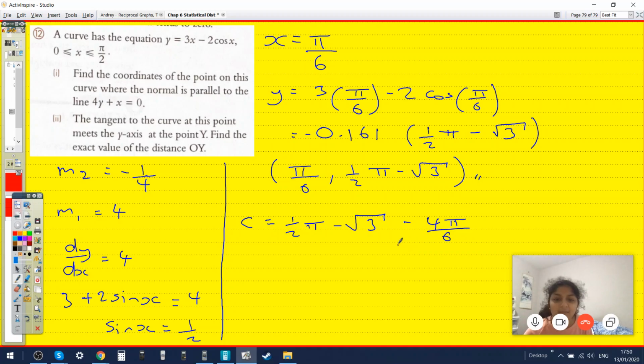They wanted the exact value, so you could just leave it like that, and you might be able to simplify it. A half pi minus 4 over 6 pi would give you minus pi over 6 minus root 3.